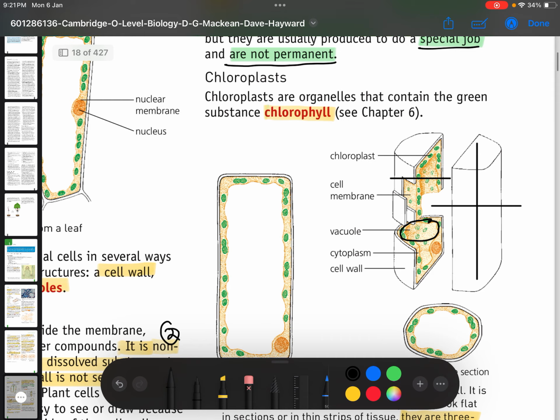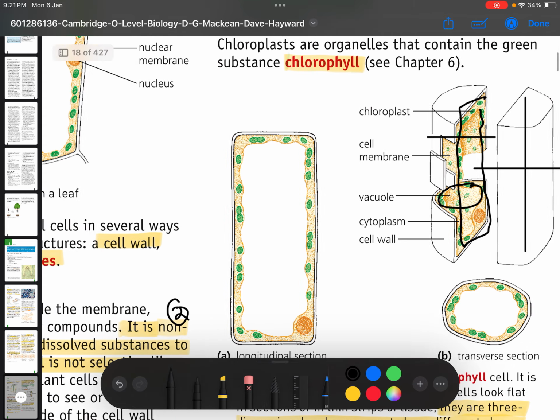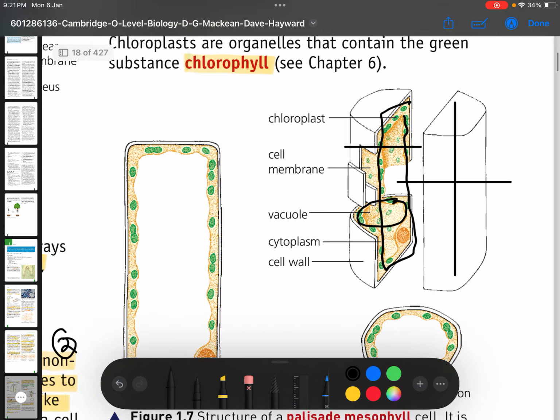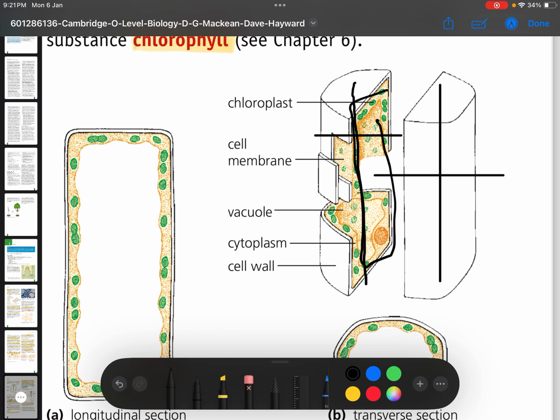Whereas if I cut it longitudinally, it would be something like this, as they have given over here. If I were to make a longitudinal cut, then I would basically be getting something like this, which they have shown already. So I hope you get the point.